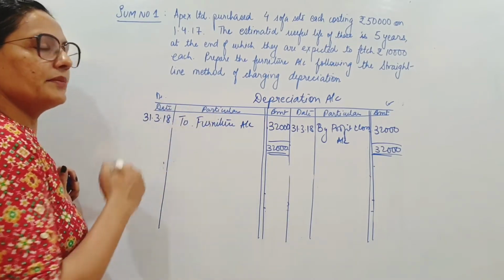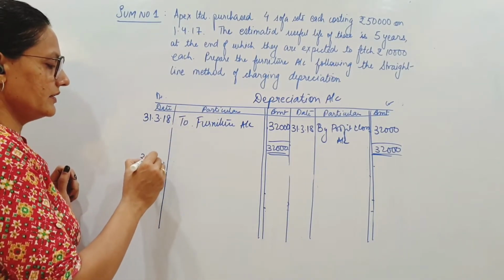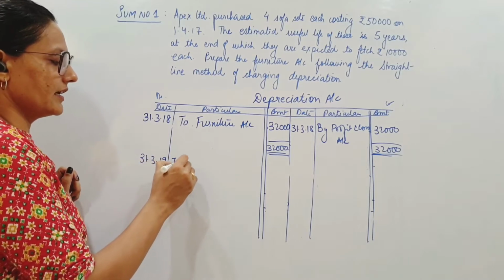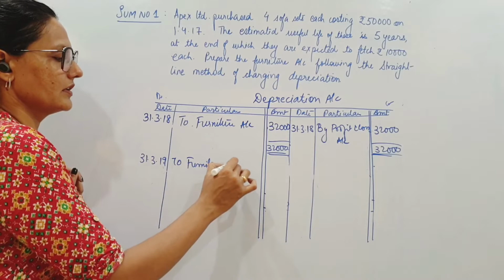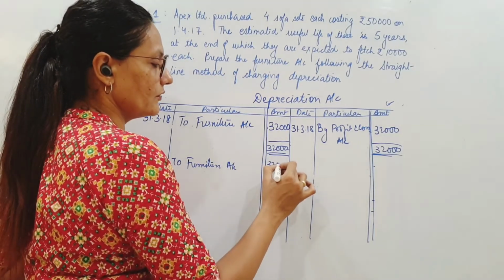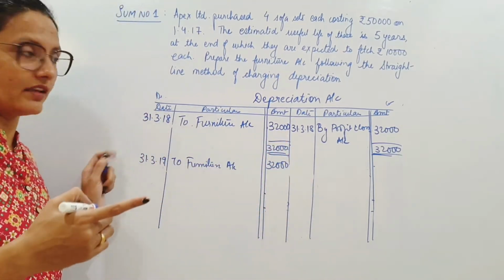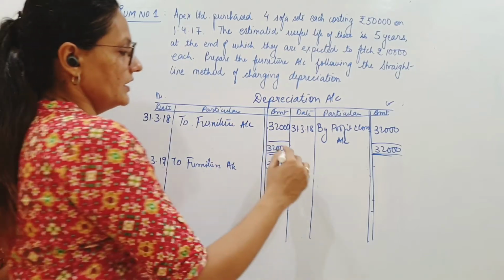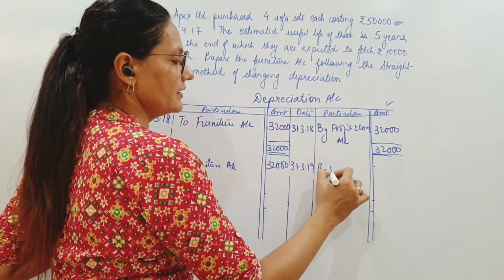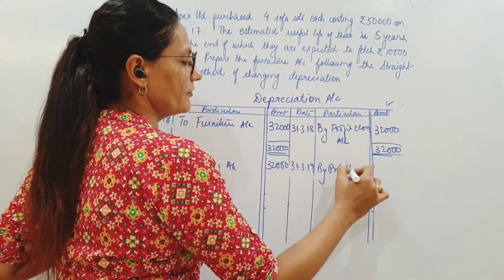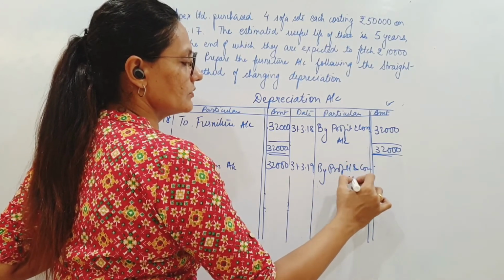The same thing will happen in the second year. 31/3/19. Again, I will credit furniture account with this 32,000 for that year, for the second year. Okay, first year में कहानी खत्म है यहाँ. Then 31/3/19 by profit and loss account.